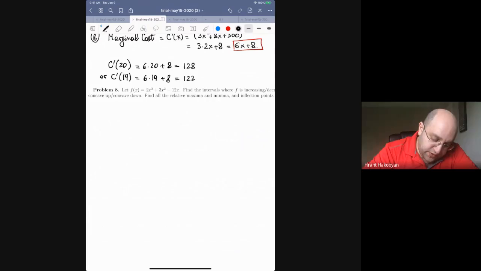So again, the first thing we have to do is find the critical points. So for critical points, you need to find the derivative.